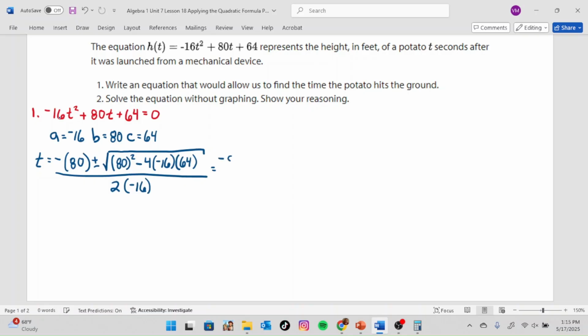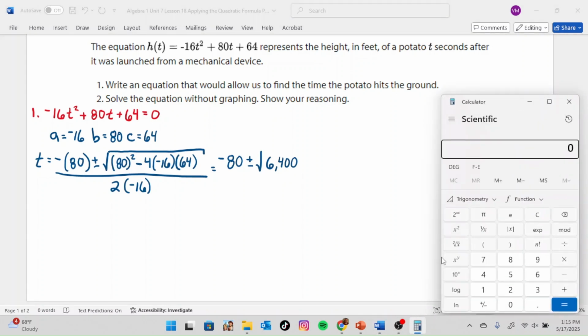So we've got negative 80 plus or minus the square root. 80 times 80 is going to be 6,400. Next, we have negative 4 times negative 16 times 64, which is 4,096.